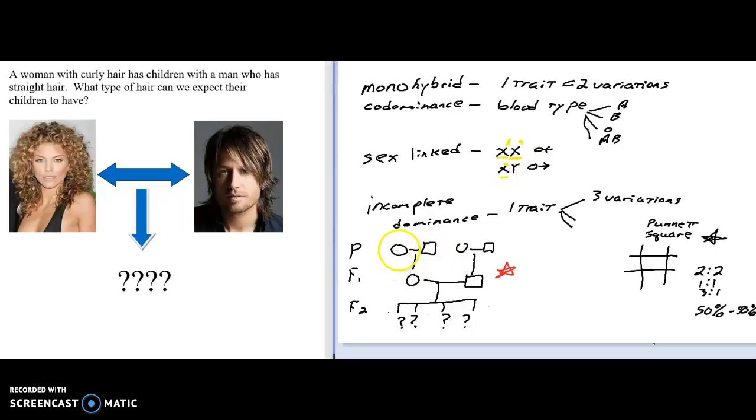The genotypic information goes in the circles and squares. Phenotypic information, I would put it underneath it. So brown hair, blue eyes, big A, big B, little b, etc. So genotypic inside, phenotypic underneath. And then can you determine the genetics of everybody in that family tree based upon patterns of inheritance?